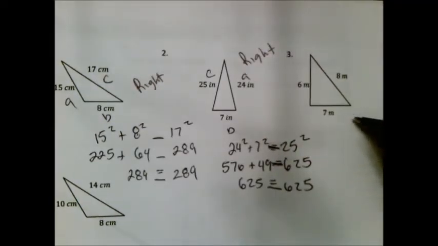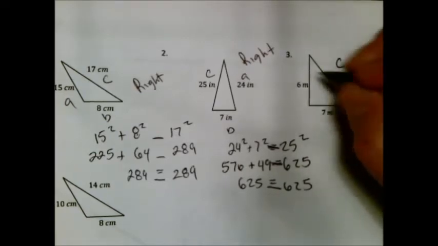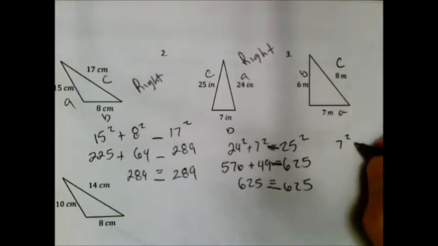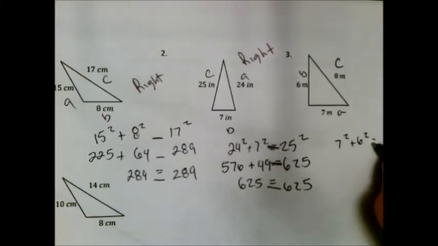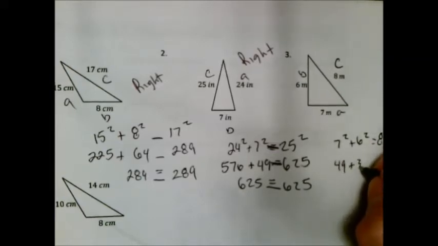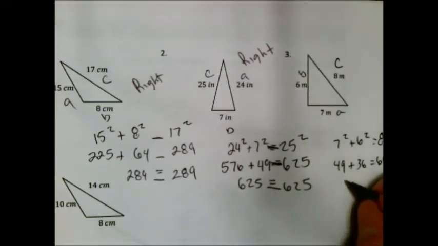Let's do this one over here. Longest side C, A, B. So that means we have 7 squared plus 6 squared, and 8 squared. Or 49 plus 36, and 64. Which means that if we add these two together, you should get 85.